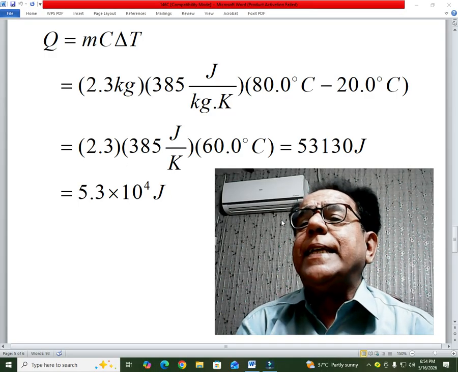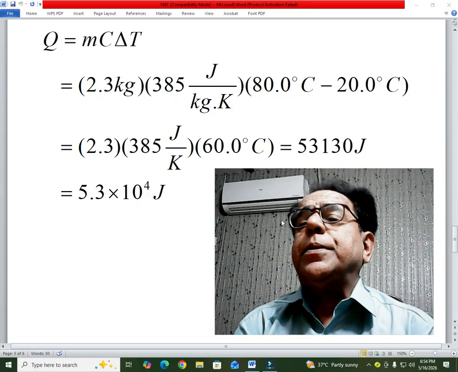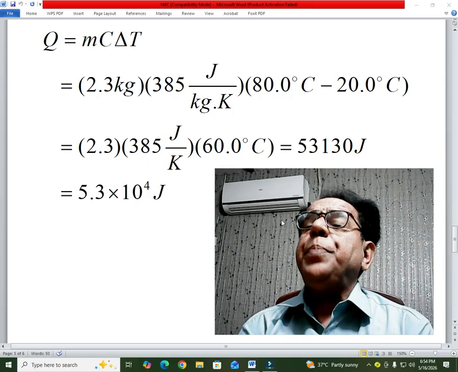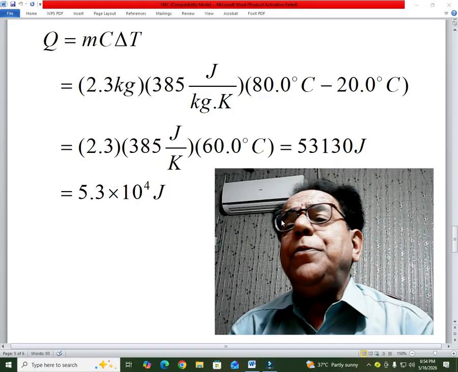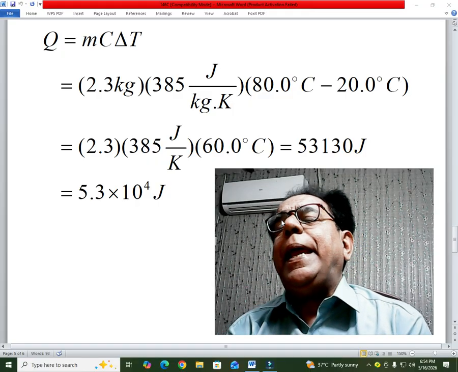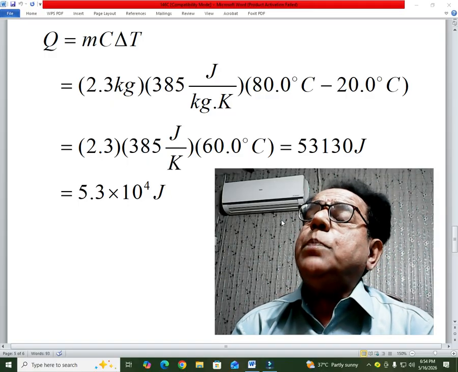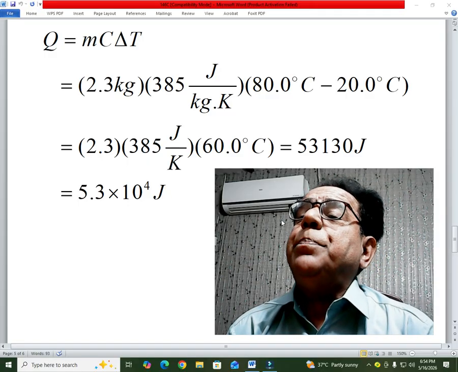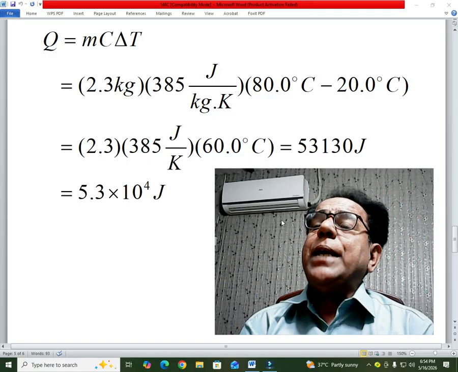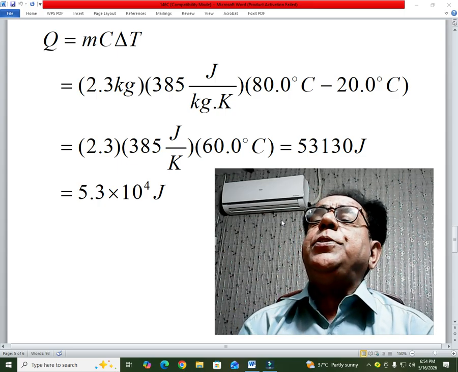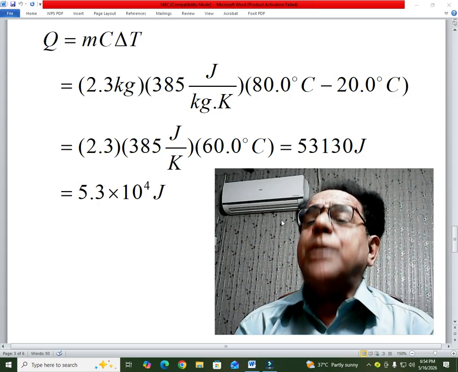We are just taking the magnitude of unit of Celsius and of Kelvin. So kilogram will be cancelled with kilogram and degree centigrade will be cancelled with Kelvin, because both are units of temperature, and our answer will become only in joule, because unit of heat is joule.